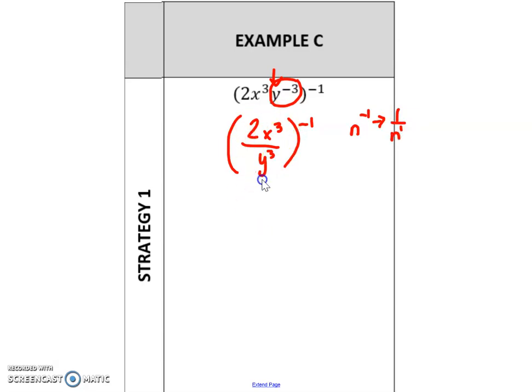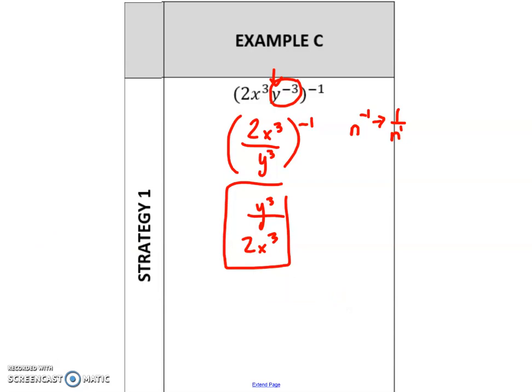Okay, so we're going to cross the line. We're just going to flip everything. So y cubed over 2 times x to the third, right? And that would be it, because then we cross the sign and we change the sign, so now it's positive. That's what we should end up with.